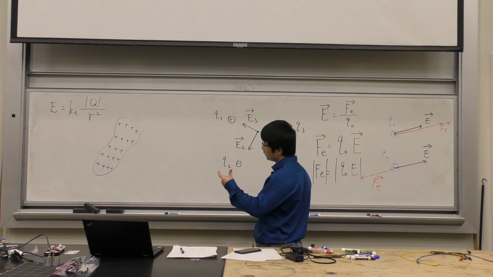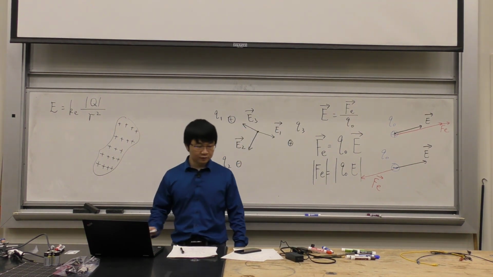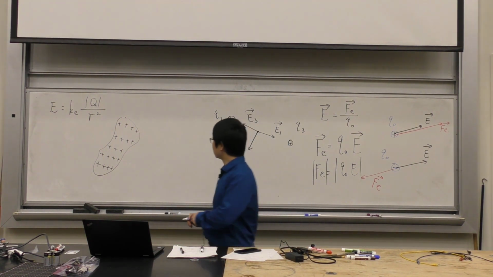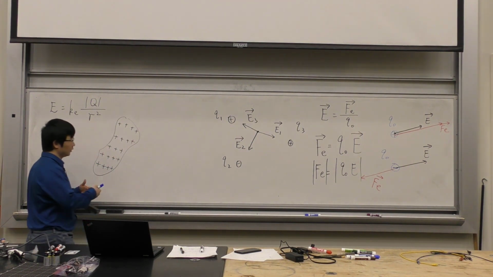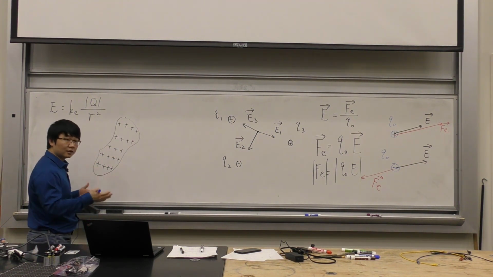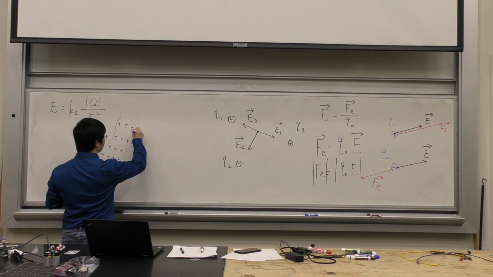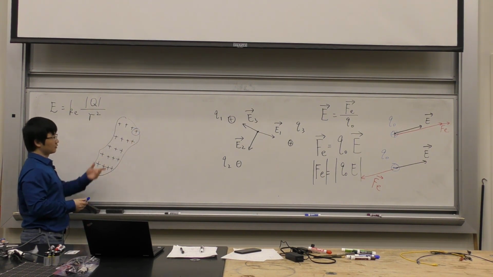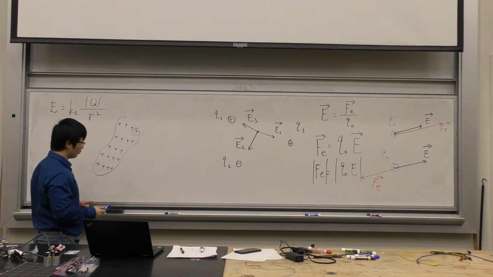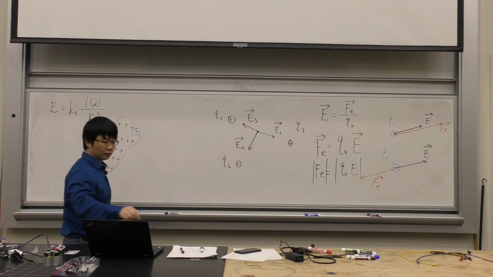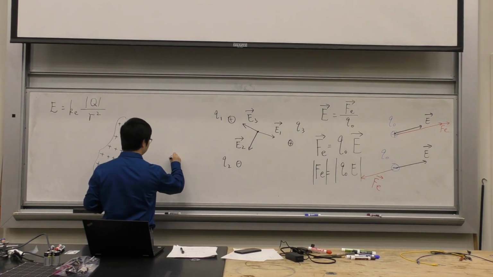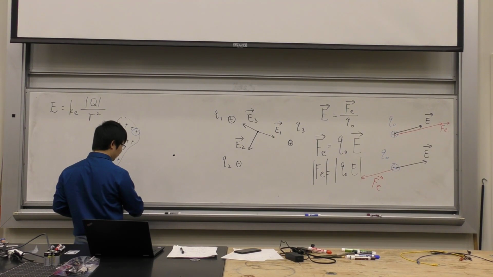All right, so the idea is this. I can still imagine this guy is made of an infinite number of charges. So what I'm going to do is pick this one and call it Q1. I still want to find the electric field at a certain point, like this point. Find the net electric field at this point.